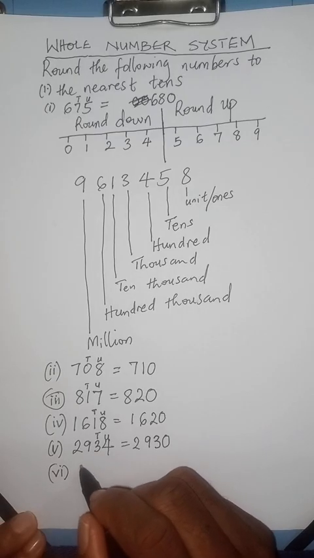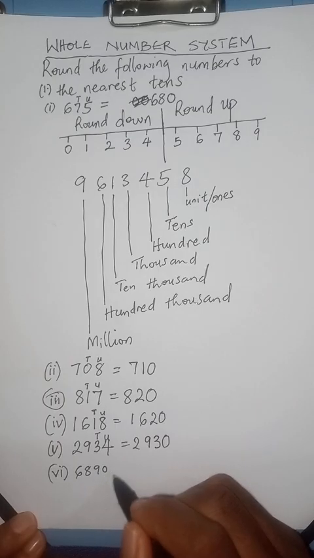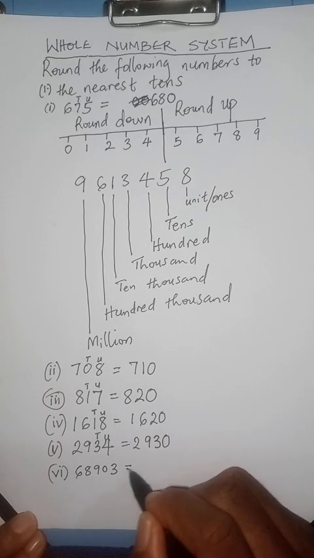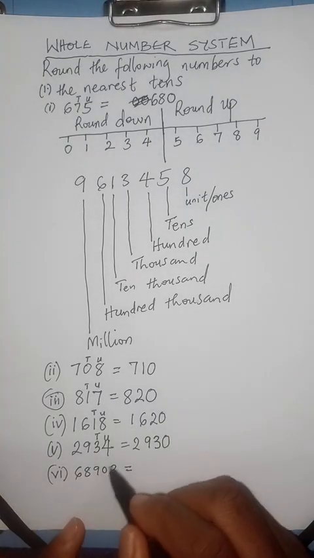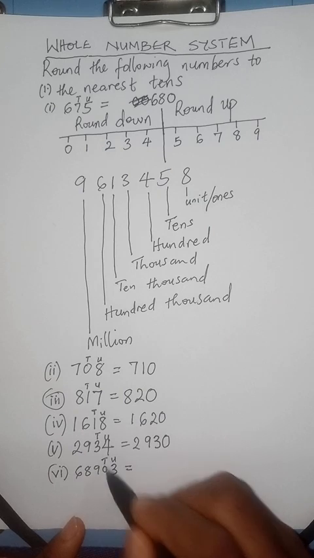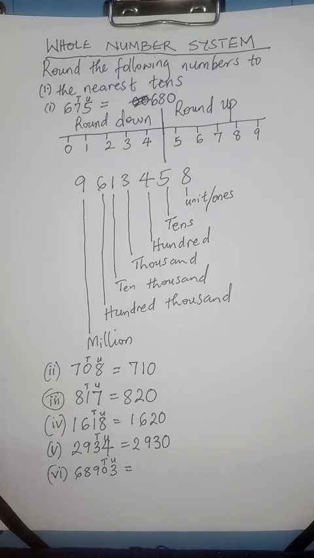Let's try out number 6. Let's assume I have 68,903 to the nearest tens. Again, I'll define my units and my tens. Remember, the unit is also the same thing as ones, depends on what part of the country you are watching this video from.